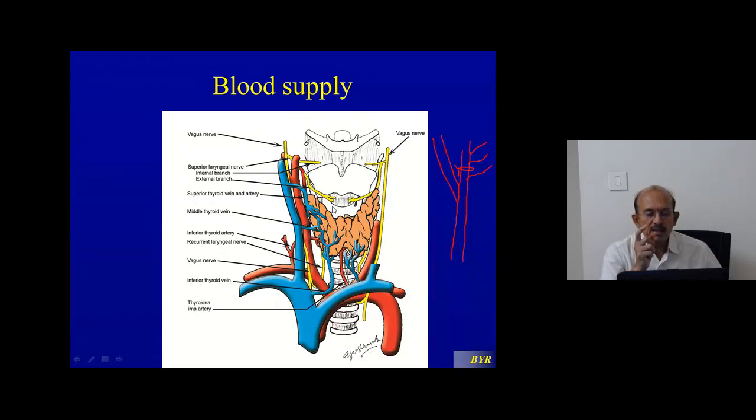The hoarseness of voice occurs if the two vocal cords don't meet one another in the midline. That happens when the intrinsic muscles of the vocal cord are paralyzed. Cricothyroideus is called the extrinsic muscle of the larynx. It is not within the larynx, it is outside, situated between the thyroid cartilage and cricoid cartilage.